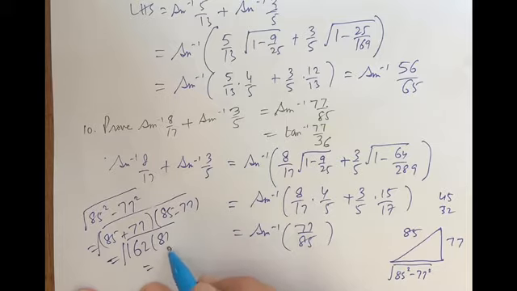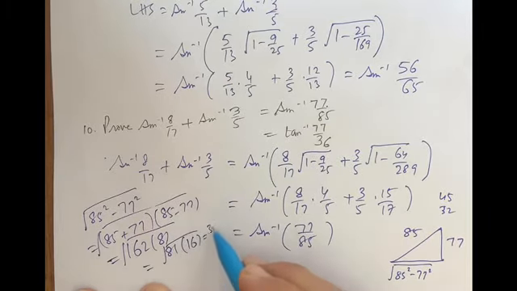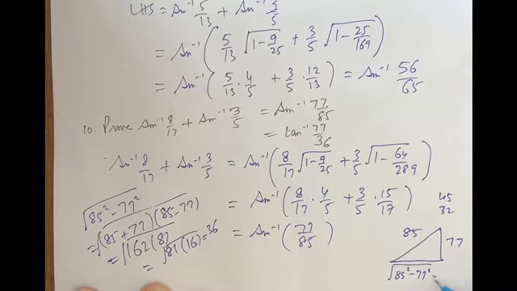This can be written 81 into 16, and this is 9 into 4, this is 36. So this side is 36, and this can be written tan inverse of 77 upon 36. This is how we prove.